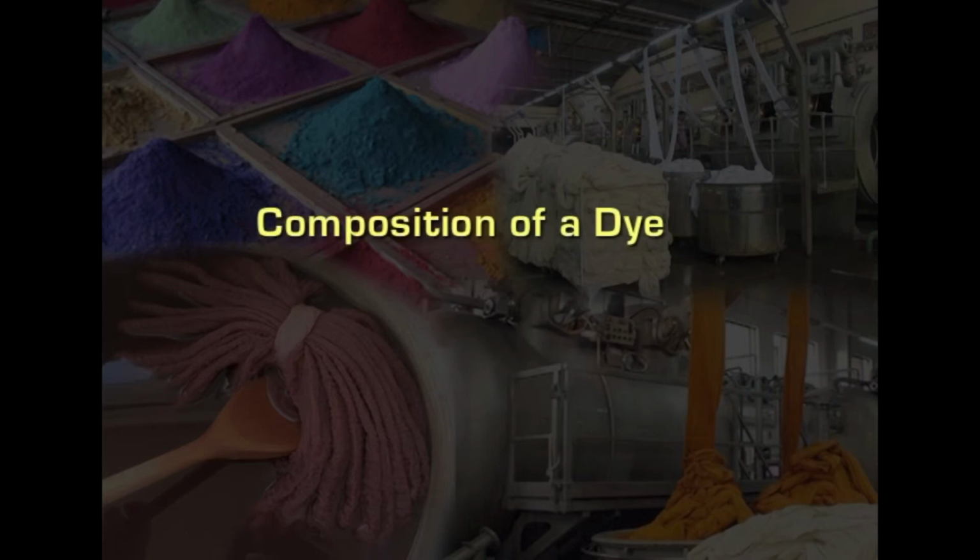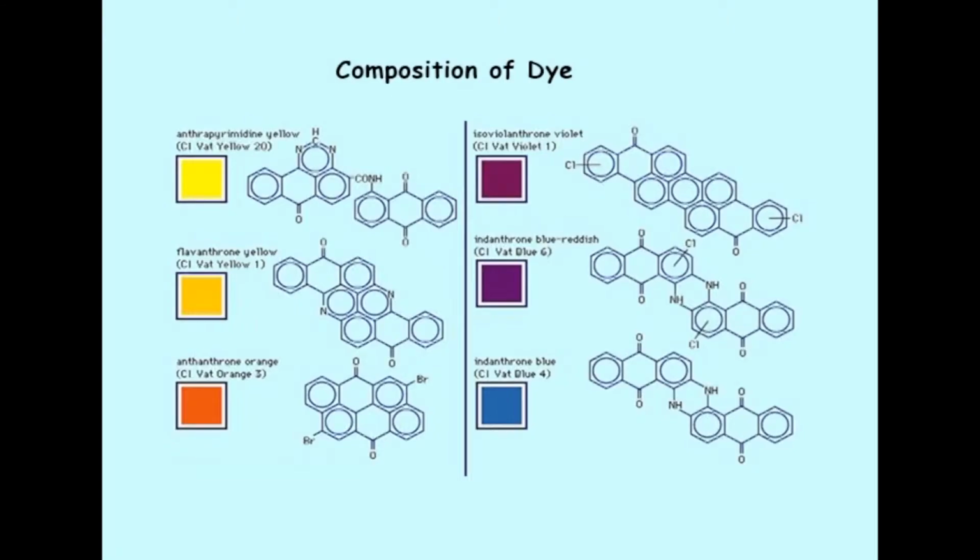Coming to the composition, a dye molecule is a conjugated system, having a conjugated framework wherein double and single covalent bonds alternate between the atoms, and this forms the framework for each dye molecule.